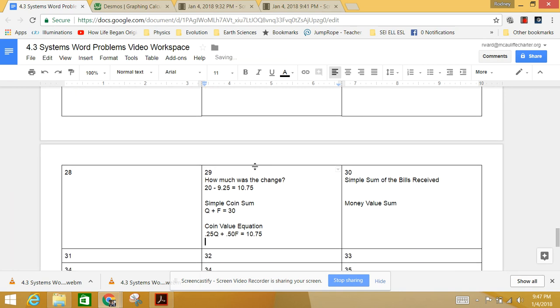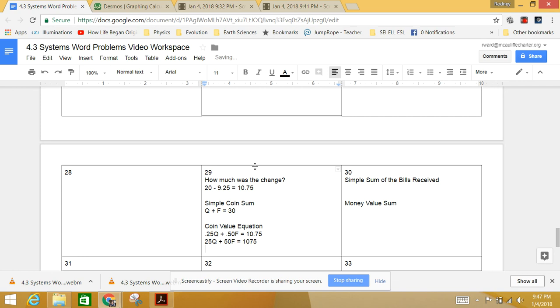Once again, I recommend clearing the decimals, so multiply everything times 100. So I get 25Q plus 50F equals 1,075. And then it might be worth it to divide everything by 25, which will make things a lot simpler.